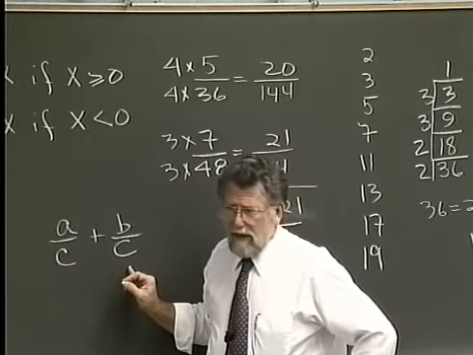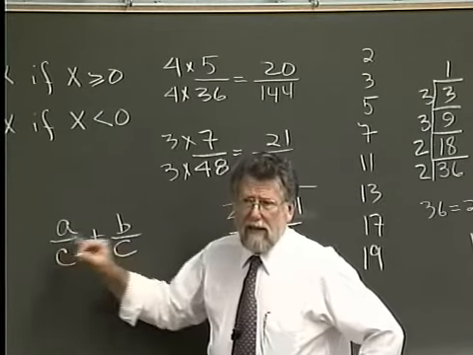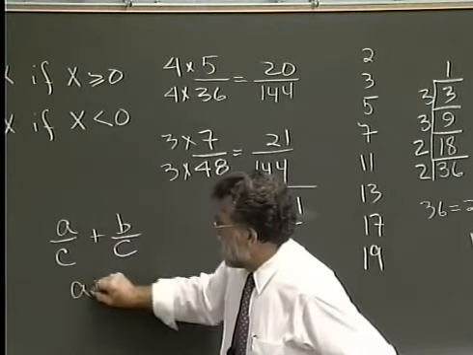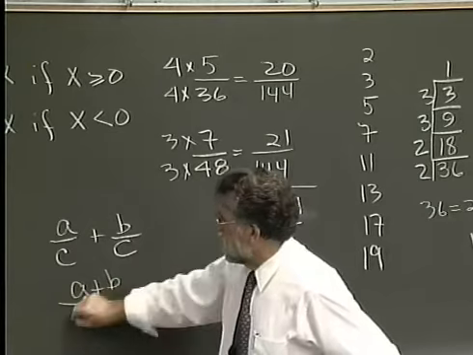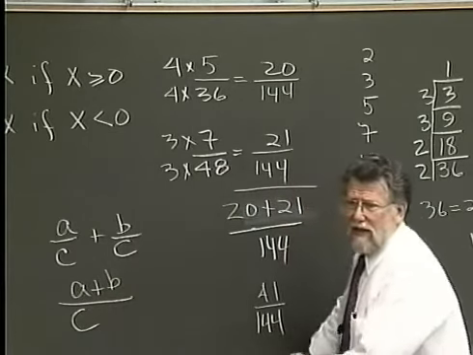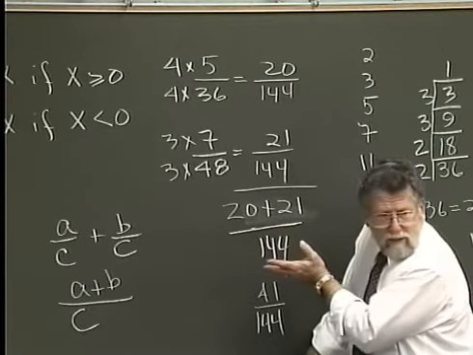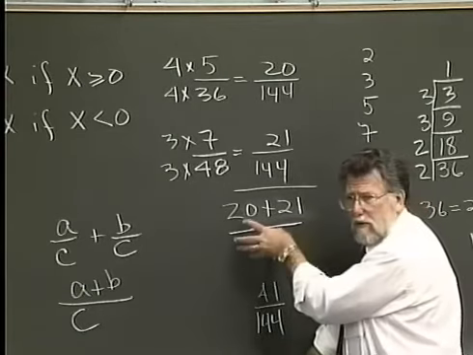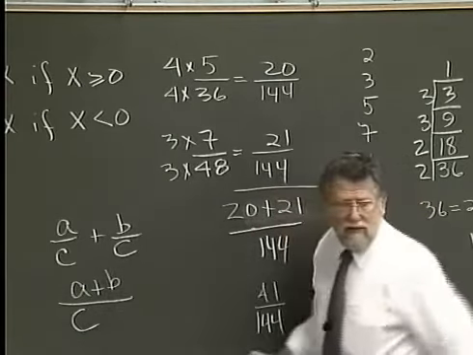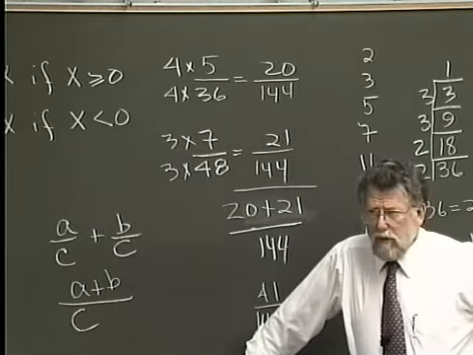If the denominator is the same, what am I supposed to do? Add the numerators, and here's my intermediate step, A plus B over C, which is exactly the intermediate step I represented here. So in a pre-algebra or a Math 10, I go through this step to facilitate a general statement that you should be comfortable in writing.